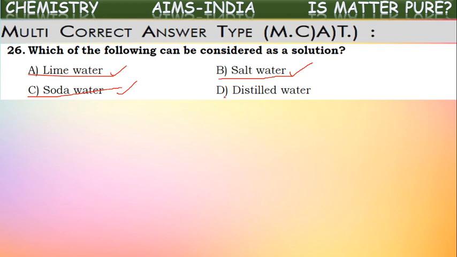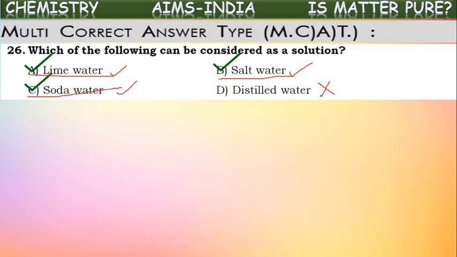Only pure water molecules will be there in that. So the purest form of water is distilled water. So it is only a compound. It won't come under any mixture or solution. Distilled water is a pure substance. Remaining three are solutions. So except distilled water, the remaining three come under solution.